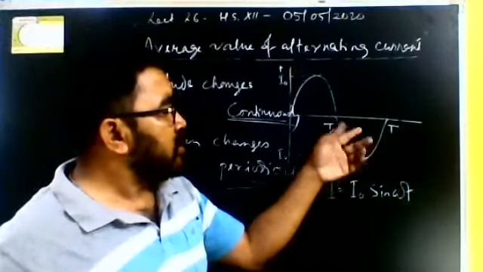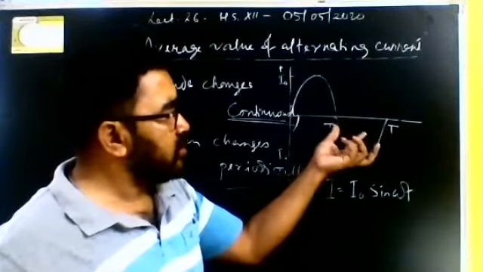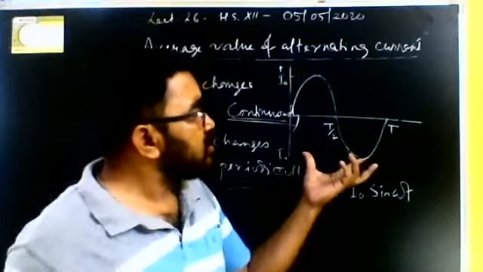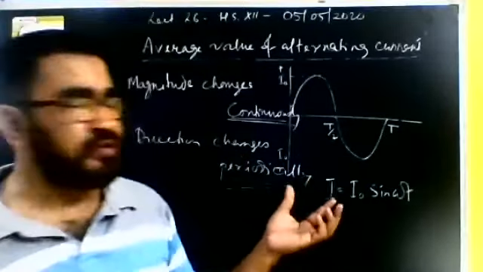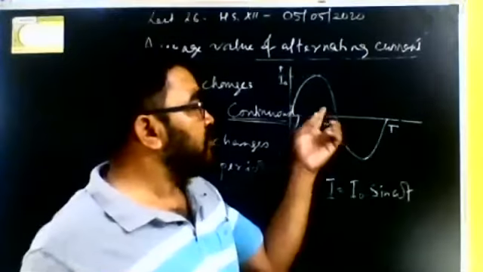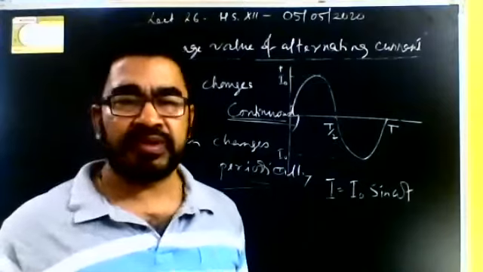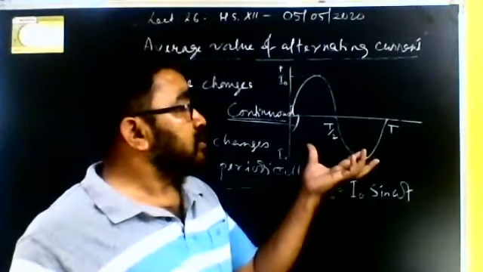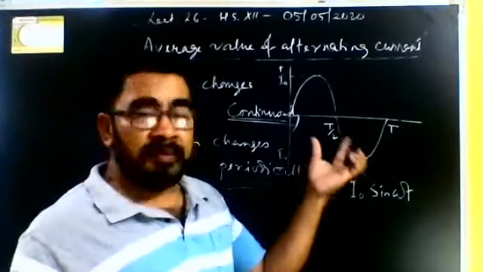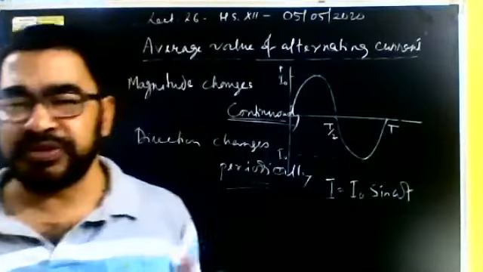So the upper half and lower half have values. If you want to find out the net current, the upper half and lower half added together give a 0 value. That is, the average value in a complete cycle is 0 because the signs are opposite.